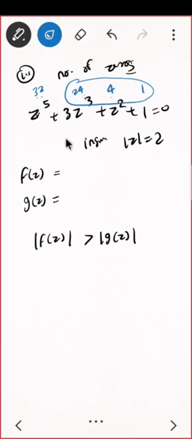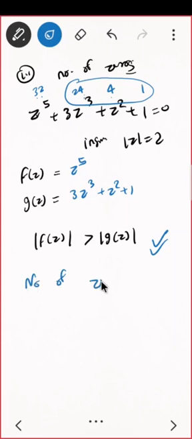So of course, I should choose f of z equal to z raised to 5, and g of z must be the other terms: 3z cube plus z square plus 1. It is definitely satisfying this. So what is the answer? What will the number of zeros be? Here I am having 5, so it will be 5. Correct? So the number of zeros will be 5. Is that clear? That was quite easy if you put it this way.